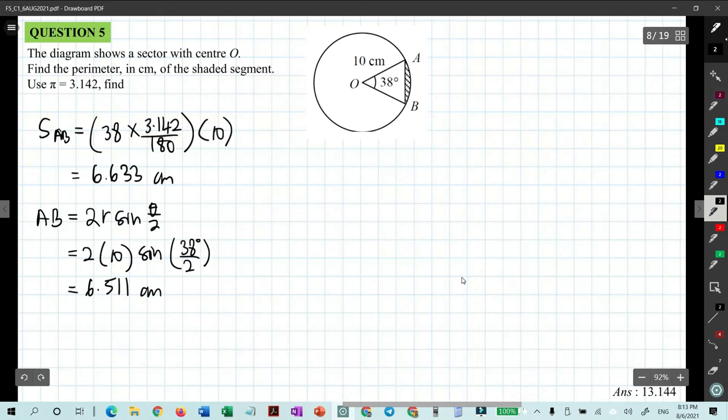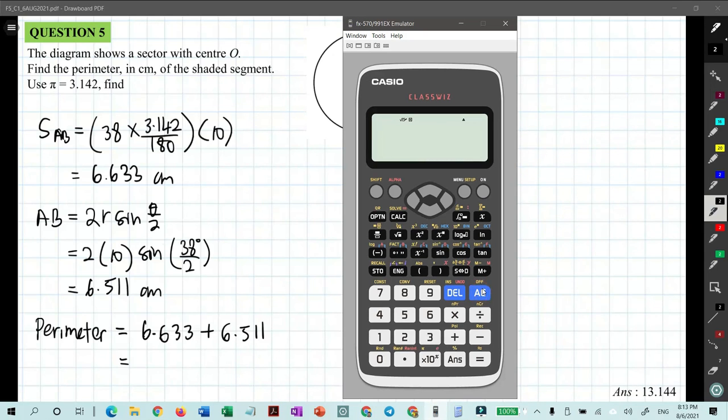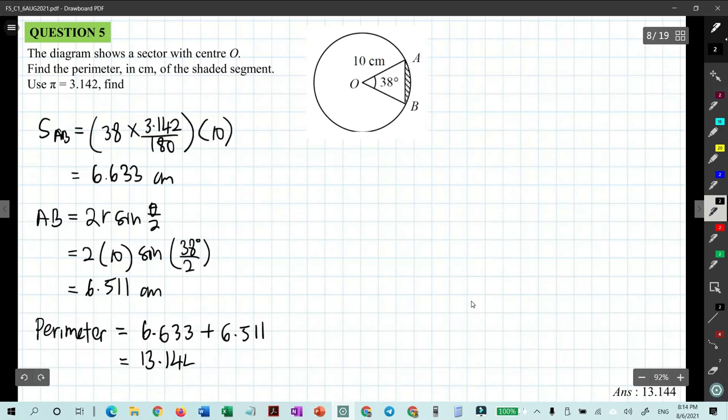So let's sum up these two values. So perimeter is equal to 6.633 plus 6.511. As I already explained to you earlier, once you write any values, in later calculation you must key in the values once again. Final answer is actually 13.144 centimeter.